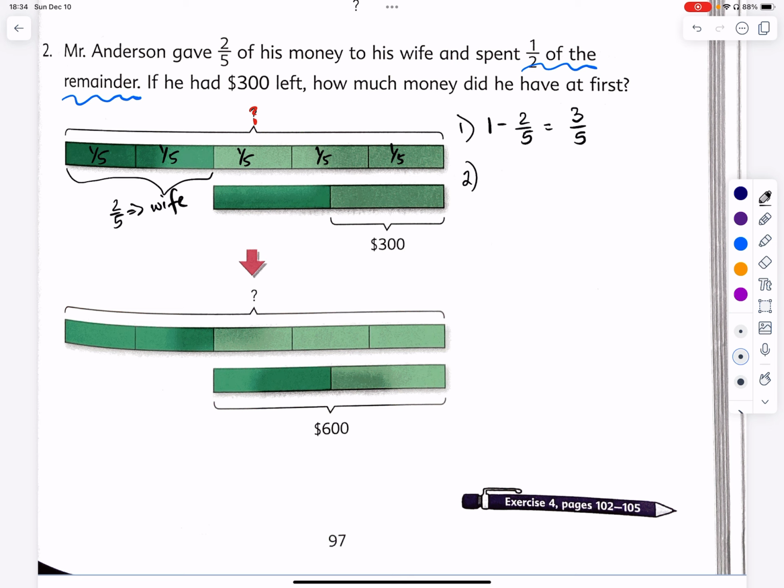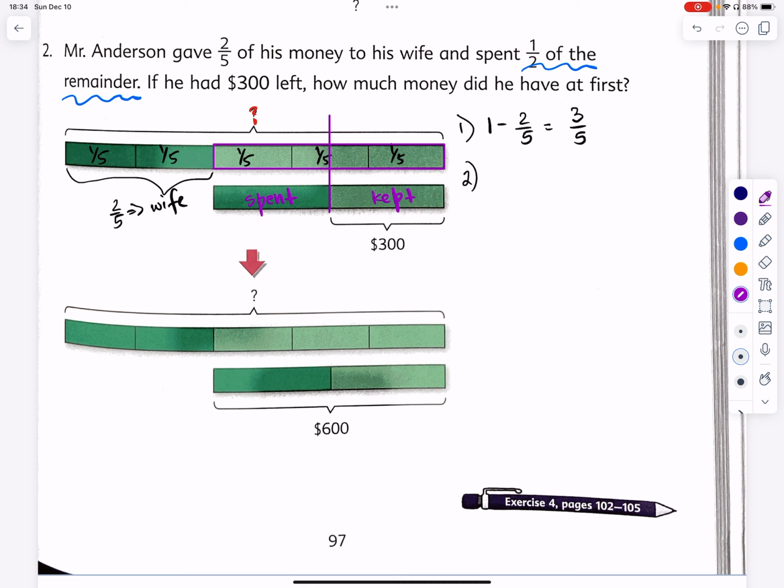Let's use this purple. So this is the 3/5 that Mr. Anderson had left, and he split it into 2 parts. So this part he spent, and this part he kept.